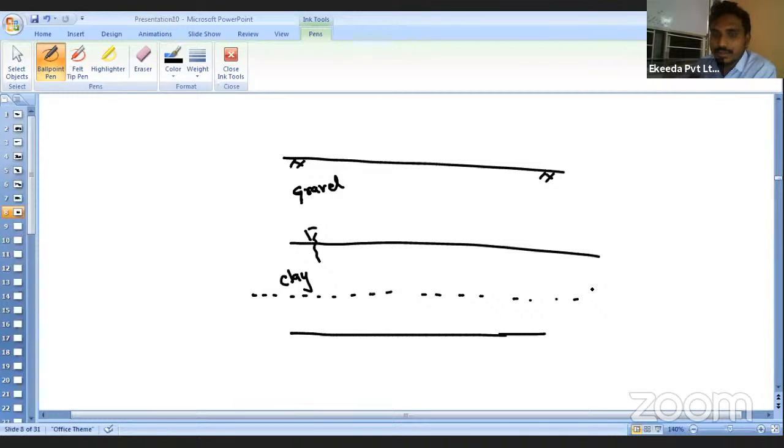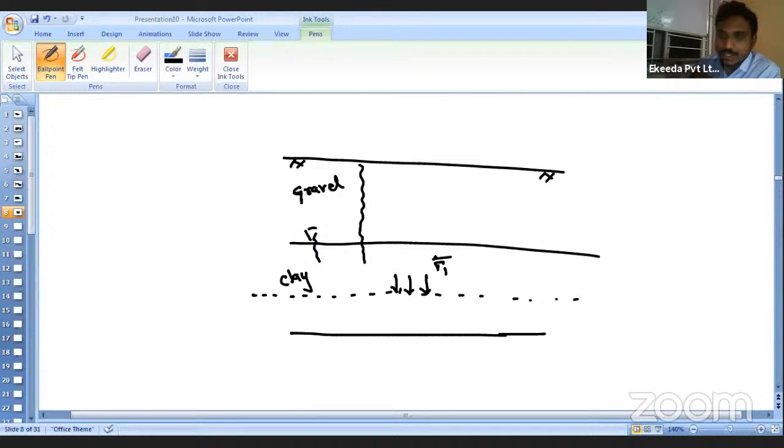So in the natural condition itself, because of the soil presenting here, because of this gravel and the clay layer itself, there might be some stress acting on the soil. Because of the soil presenting above the layer, we call it sigma 1 bar.